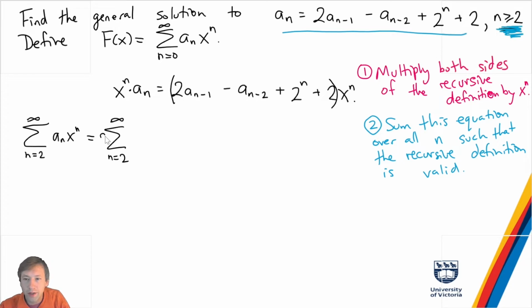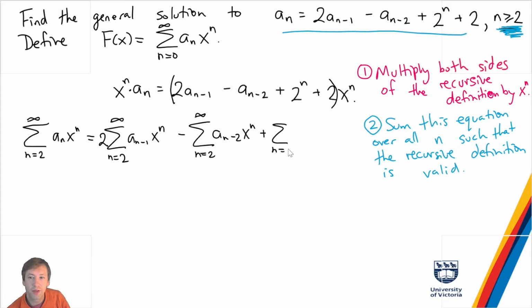There's a 2 here, so I'll put the 2 in front: 2 times a_{n-1} x^n, minus the sum from 2 to infinity of a_{n-2} x^n, plus the sum n equals 2 to infinity of 2^n x^n, plus the sum n equals 2 to infinity, with a 2 in front, of x^n.